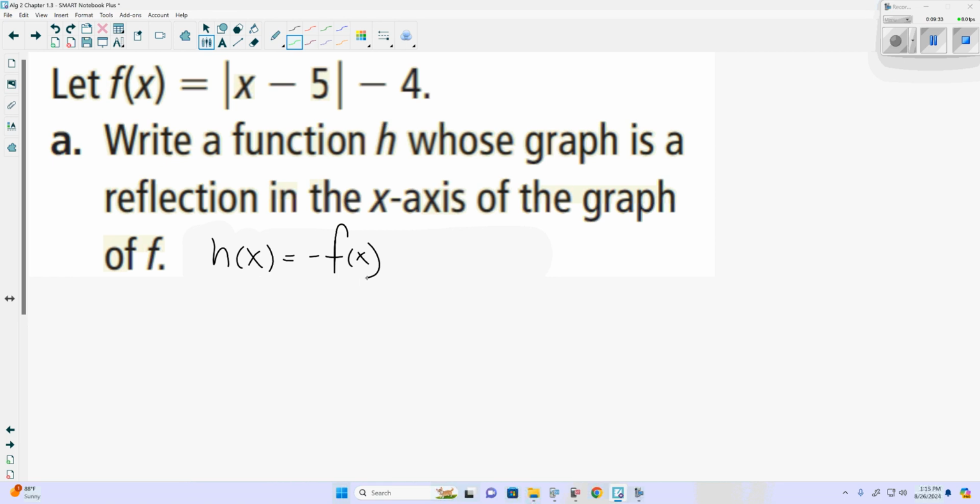It's just the general form for a reflection across the x-axis. Now, since it's still f of x, we can just replace f of x with its function. So it still equals our absolute value of x minus 5 minus 4.